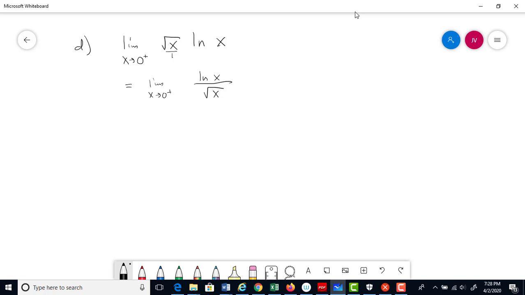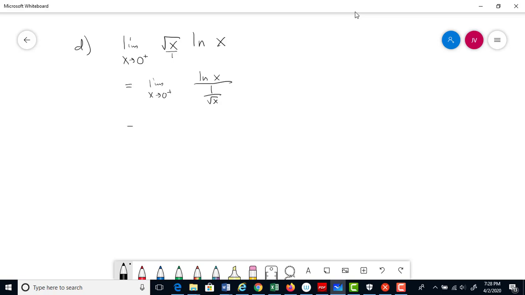Multiplying by root x is not the same thing as dividing by root x. So I'm going to divide by its reciprocal, 1 over root x. If I want to divide by this piece, it's the same thing as multiplying by the reciprocal of this piece. So these two expressions are equivalent.